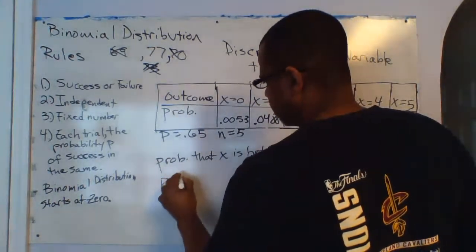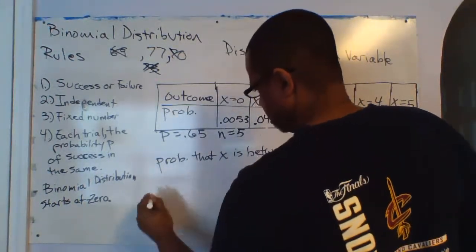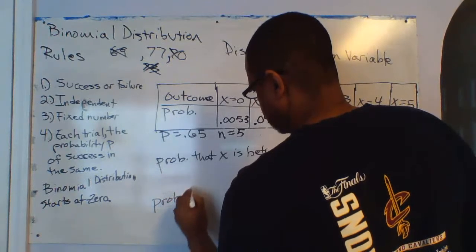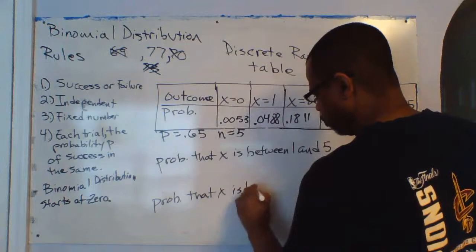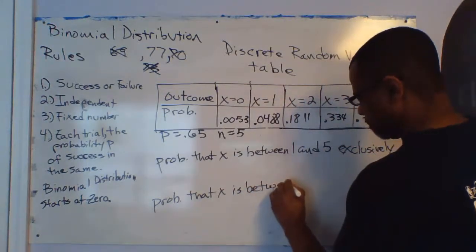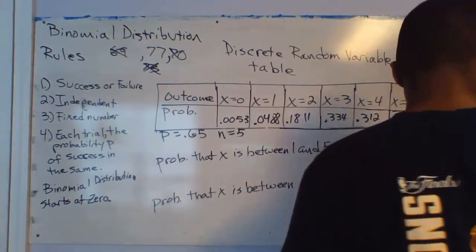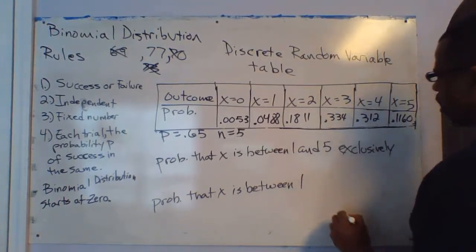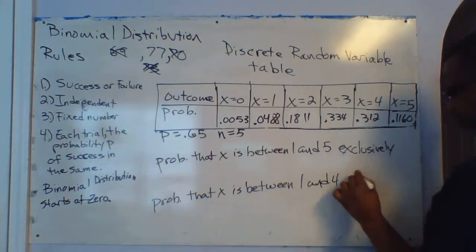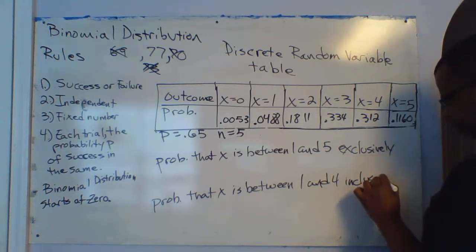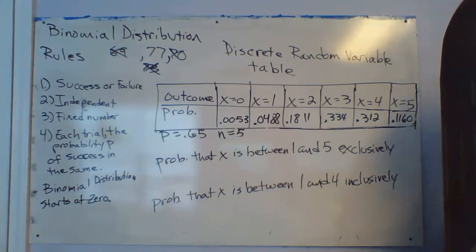Then I want you to find the probability that x is between 1 and 4 inclusively. And then we'll be done.